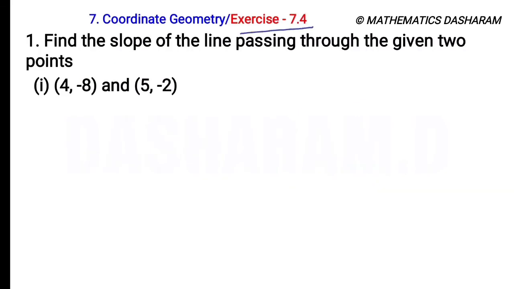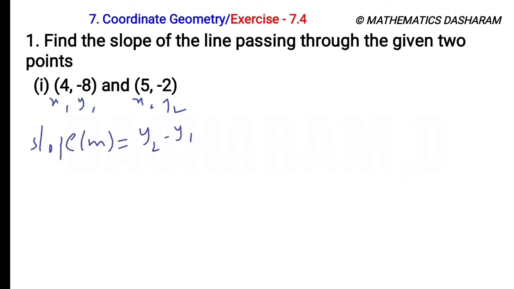Exercise 7.4. The first part is to find the slope of the line passing through the given two points. The first question is (4, minus 8) and (5, minus 2). Here x1, y1 and x2, y2. Then the slope m equals y2 minus y1 divided by x2 minus x1.